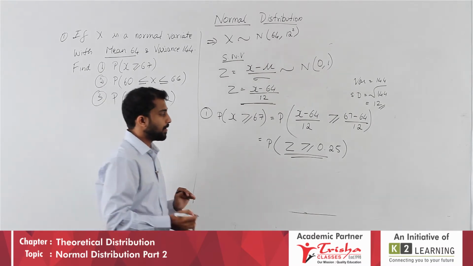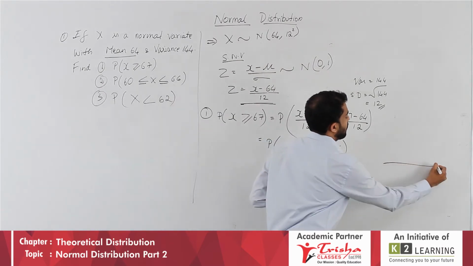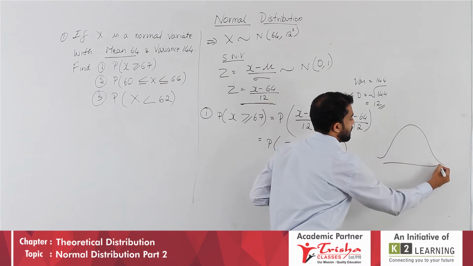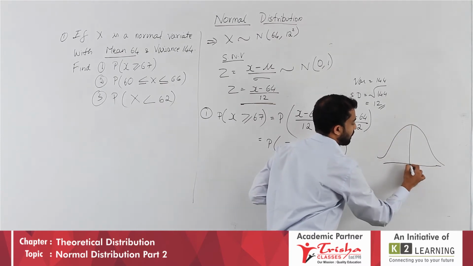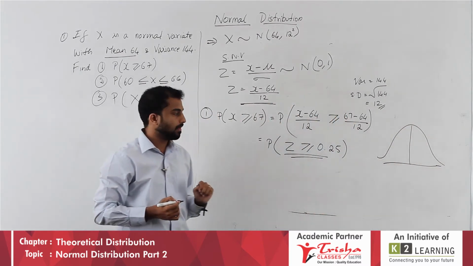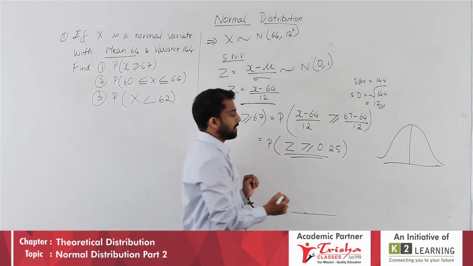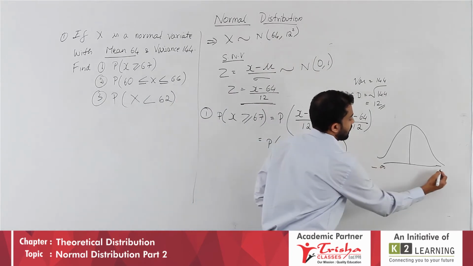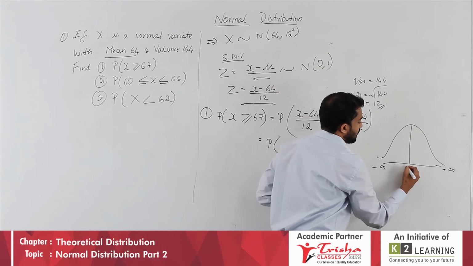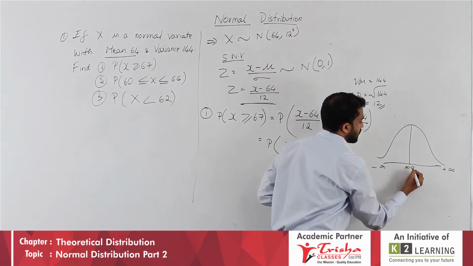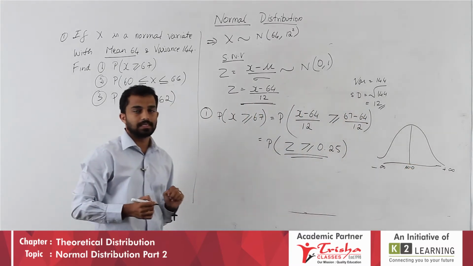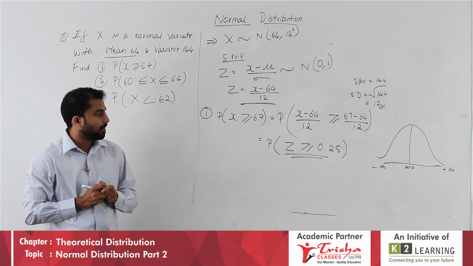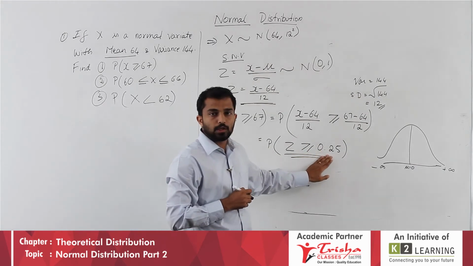Now, once we have finished so much, very important and crucial part, students. After this, you need to plot this in the bell-shaped curve graph. Let us see the values here. This is minus infinity, this is plus infinity, this is the mean, and mean for a standard normal variate is 0. Okay. 0.25.